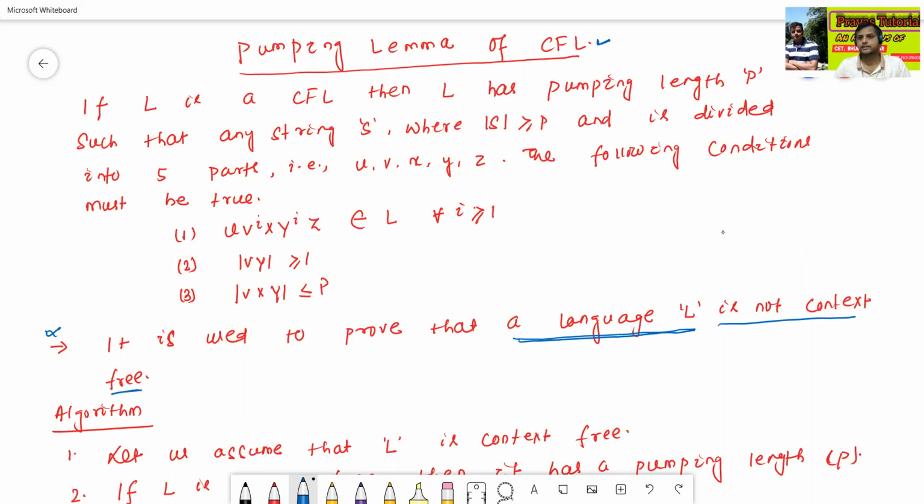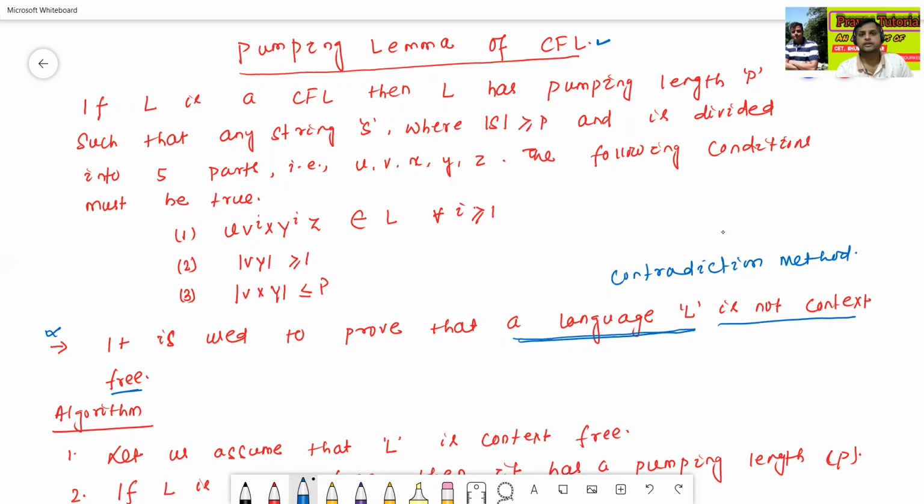We'll also use the contradiction method to prove that a language is context-free or not. We'll also use the pigeonhole principle, which is used similarly in this pumping lemma of context-free language.